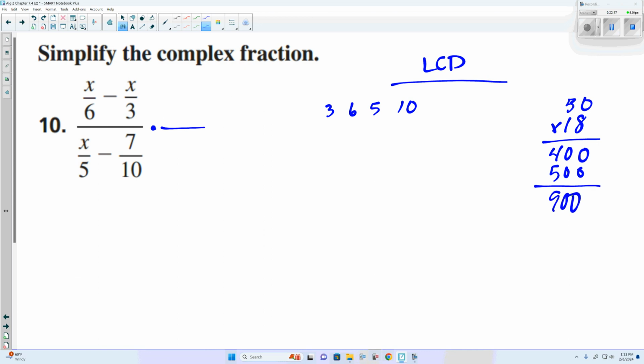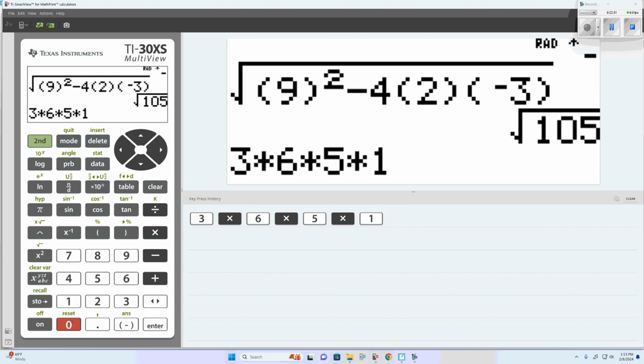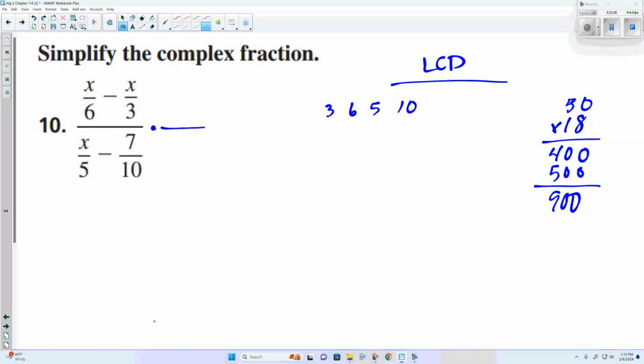You get 900, I believe. Three times 6 times 5 times 10 is 900. But that is not the least common denominator.